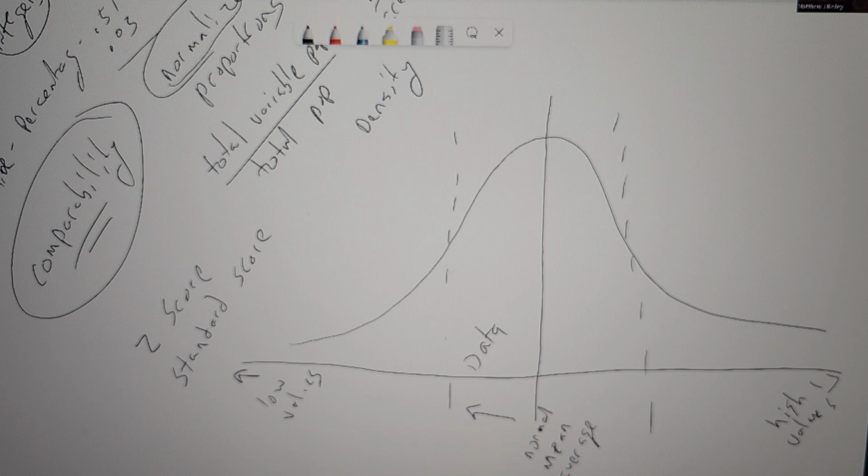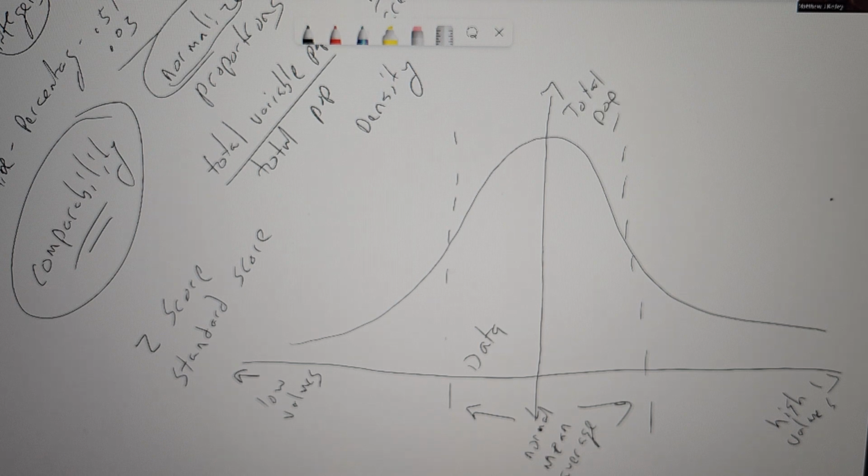This is normal. So if we're looking at our x-axis, our x-axis here is measuring the value of something. So maybe that is income, for instance. Let's say it's income, and then our y-axis here is total population.